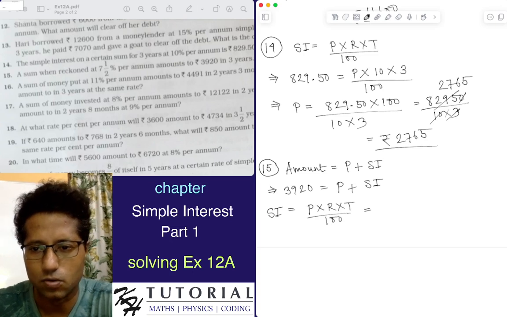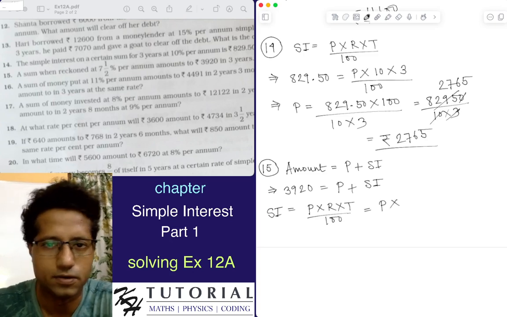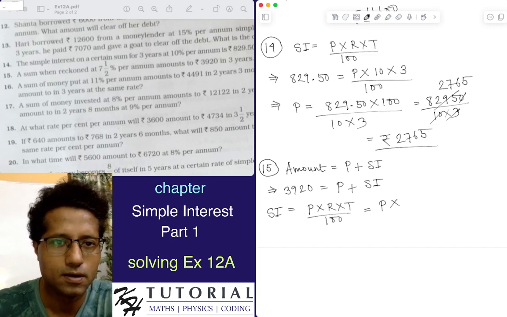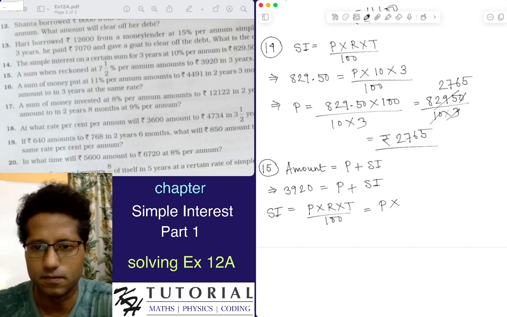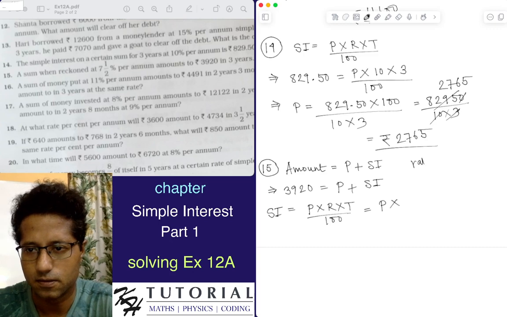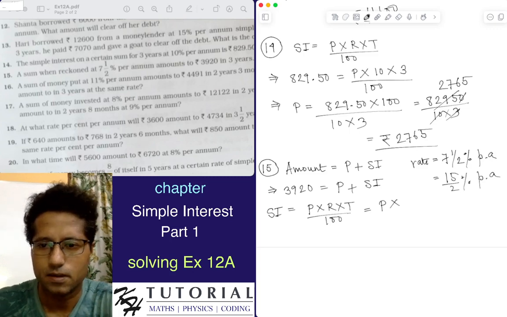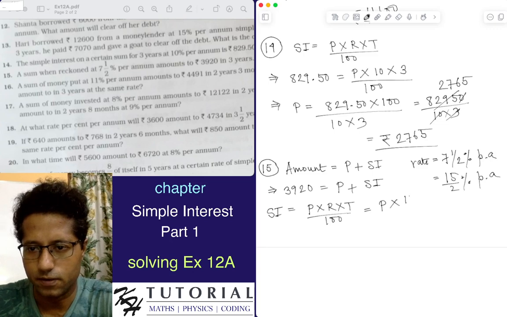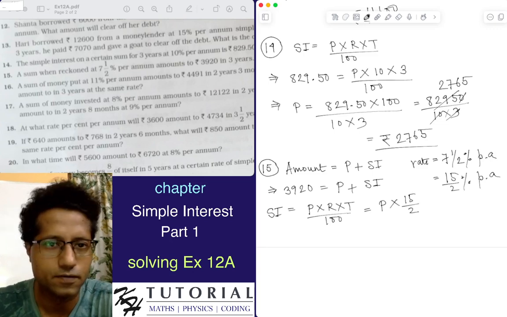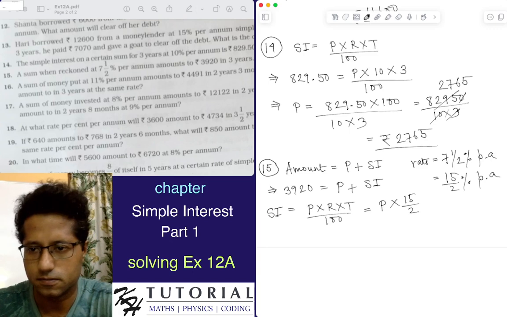Now P we do not know, so let it be. R we know, the rate of interest. A sum when reckoned at 7.5% per annum, so the rate is 7.5% per annum. This is equal to 15 by 2% per annum. So R is 15 by 2 and T is given to be 3 years, by 100.